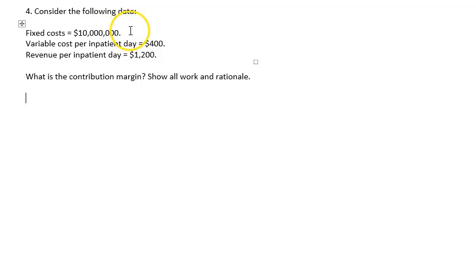They throw some fixed costs in here, thinking that you may have to calculate something else. But luckily, they give you all the information right there in front of you. So you've got your revenue per inpatient day. We got that already. That's 1,200. So again, that's our revenue per unit. In this case, we're using inpatient days.